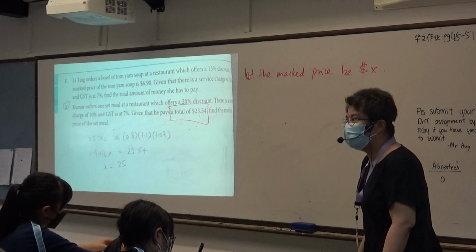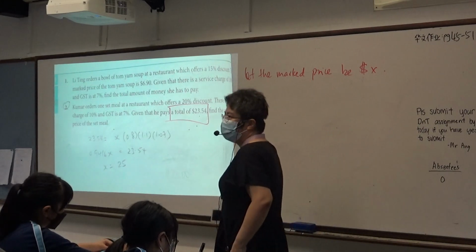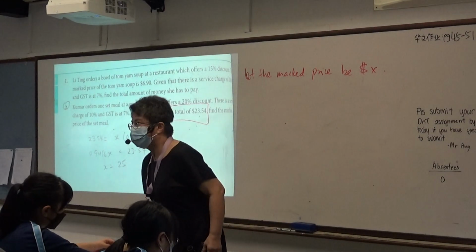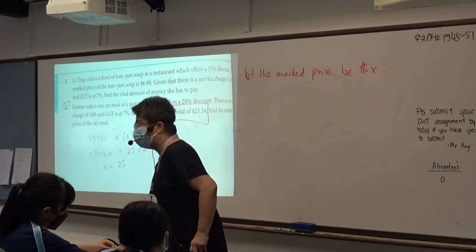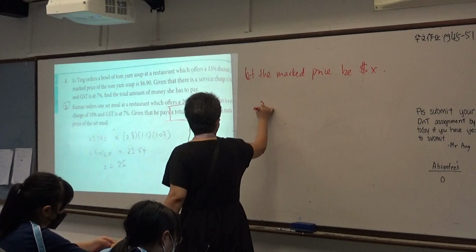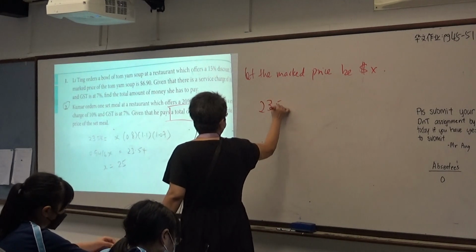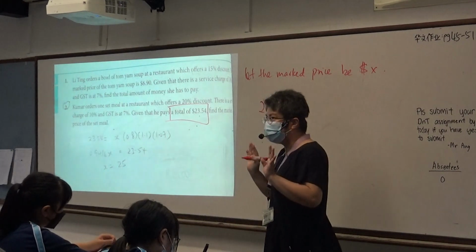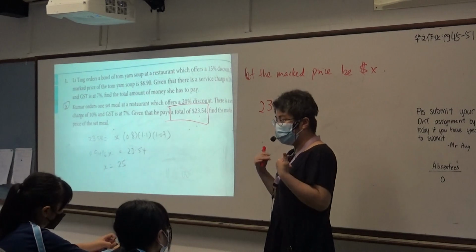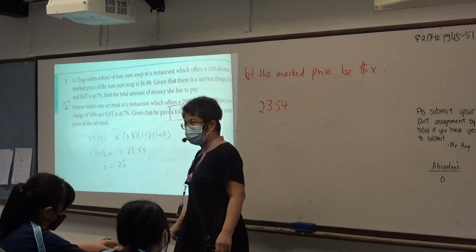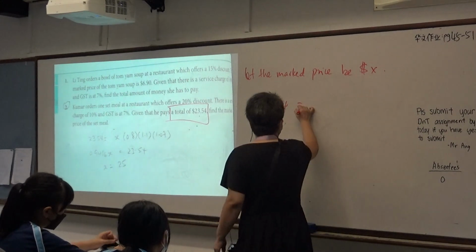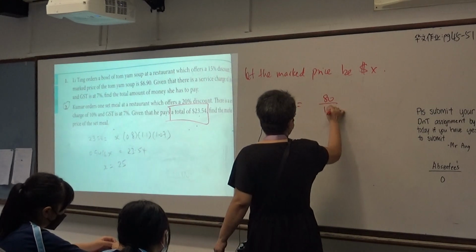Everybody okay? And I told you before in algebra, an equation got no units, alright? You must make sure the unit is consistent on the left and on the right. Okay, now all want to be clear. I just want to explain this just once. All of you listen to me first now. Do you agree that if I offer a 20% discount, I will pay 80% of X.